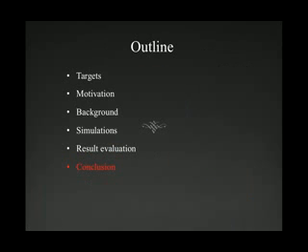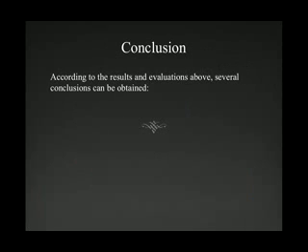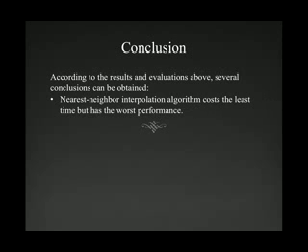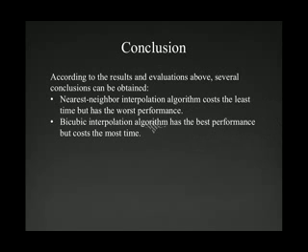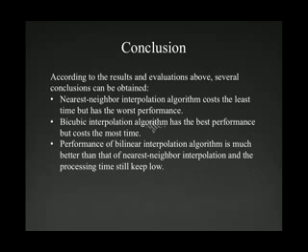Then I'll talk about the conclusions. According to the results of the evaluation above, several conclusions can be obtained. Nearest neighbor interpolation algorithm costs the least time but has the worst performance. Bicubic interpolation algorithm has the best performance but costs the most time.